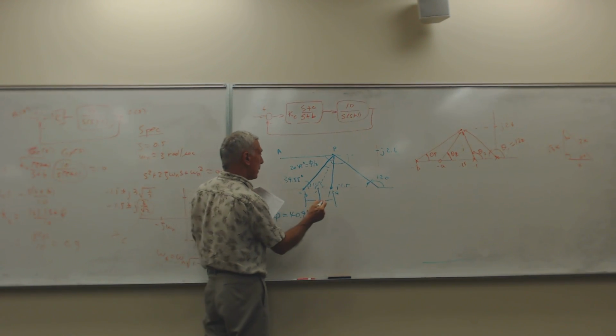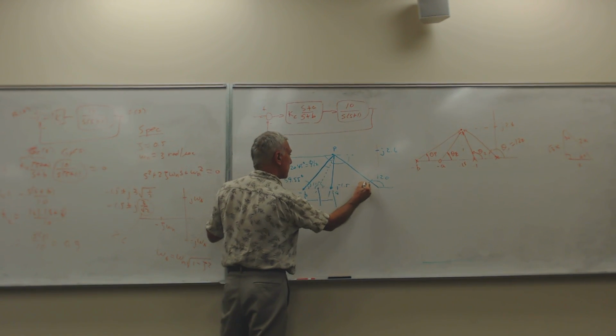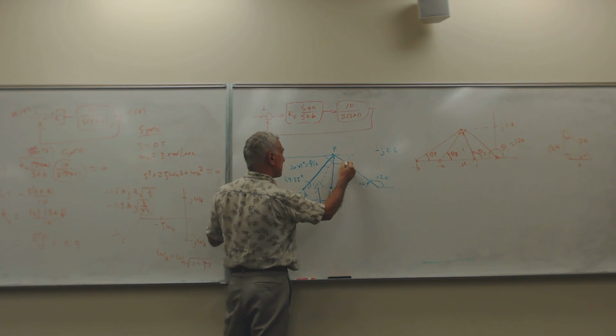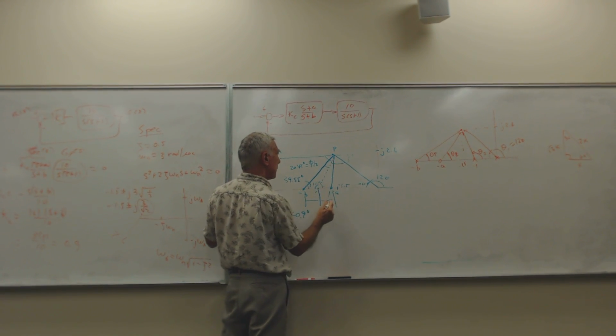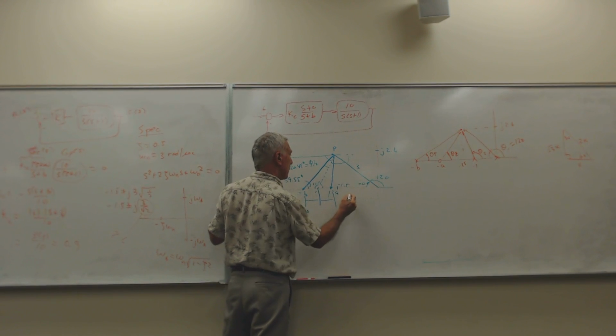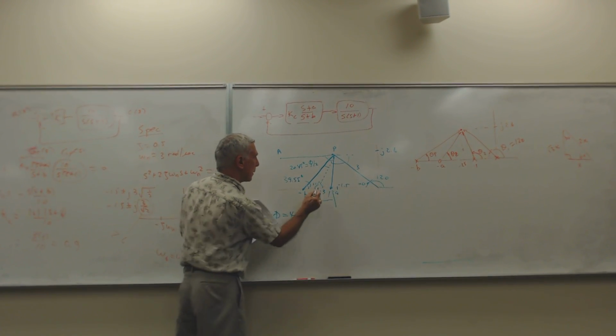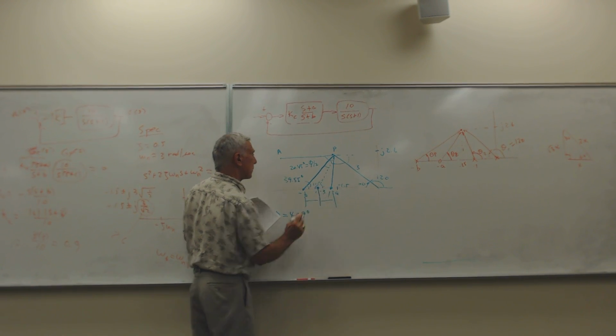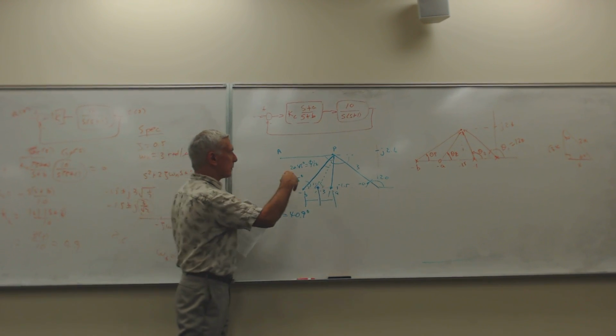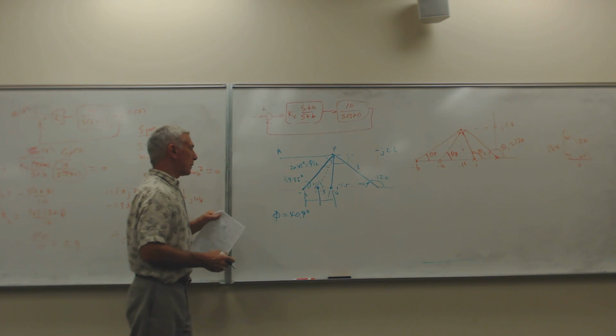Oh, by the way, remember this was 60, this was 60 here, and this is 60, and this point here has to be minus 3, because it's an equilateral triangle.